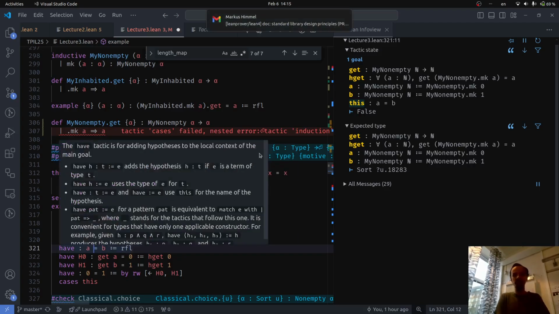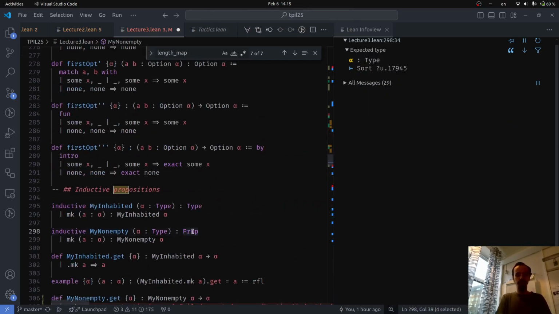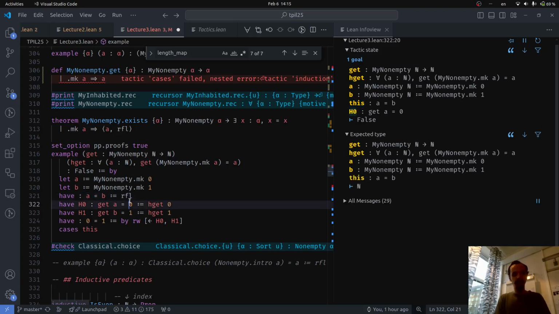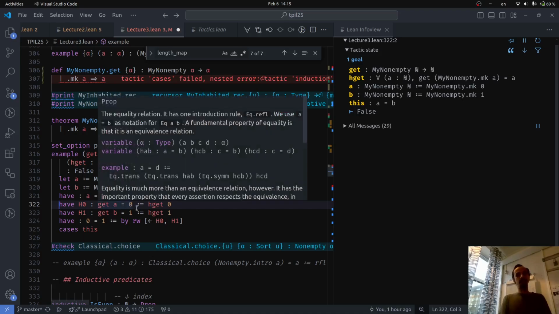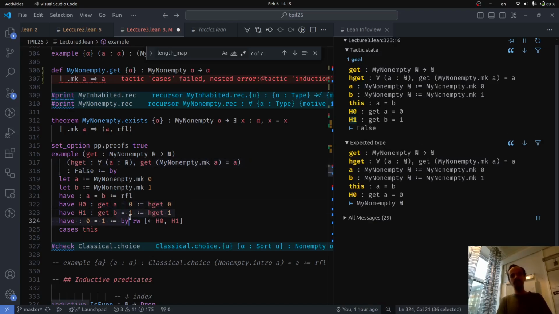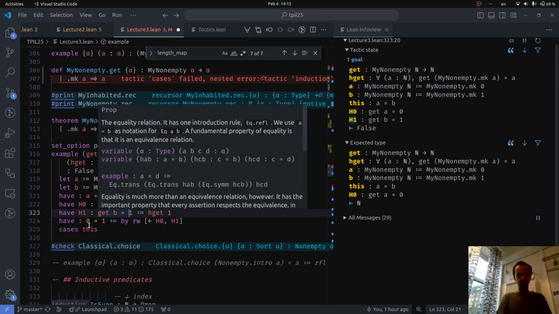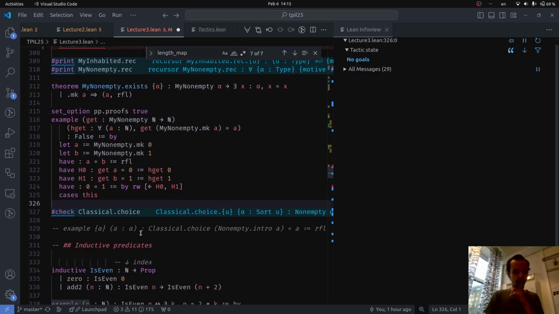Because they're both proofs, because MyNonEmpty was declared at the beginning to be a Prop. So these two are already definitionally equal. But get of A is equal to 0 because we assumed this hget property, and similarly, get of B is equal to 1, but A and B are the same thing. So 0 is equal to 1, and that's bad.